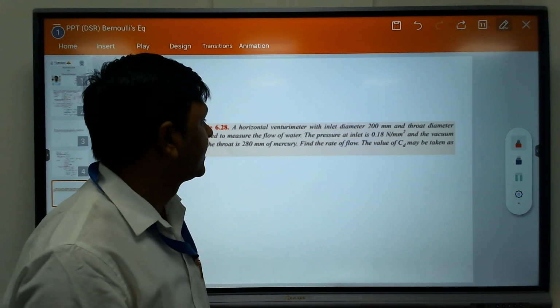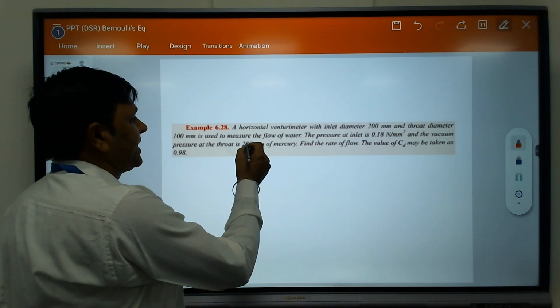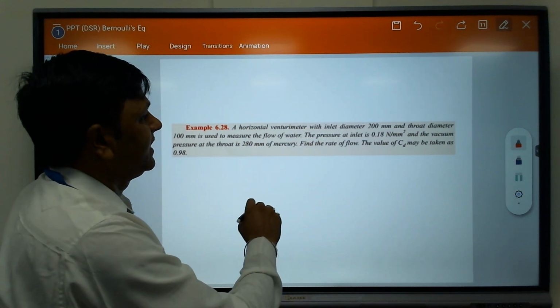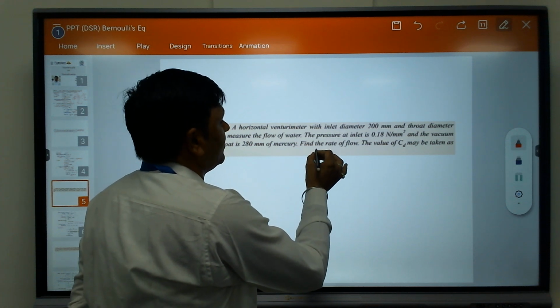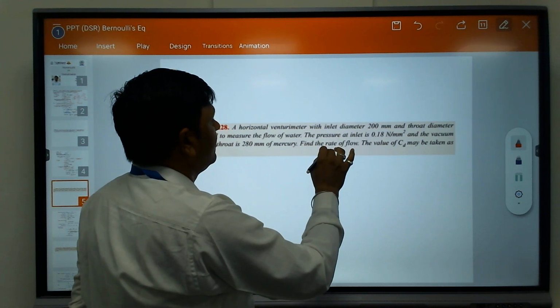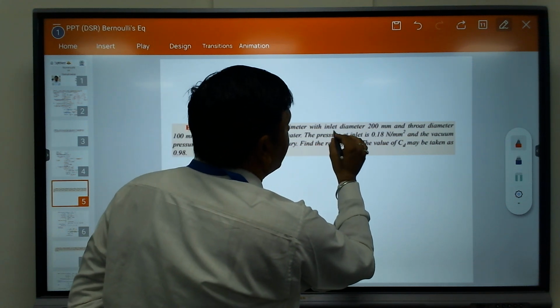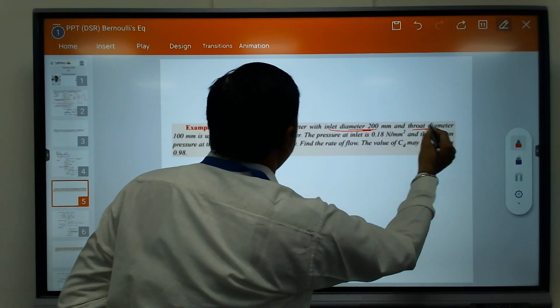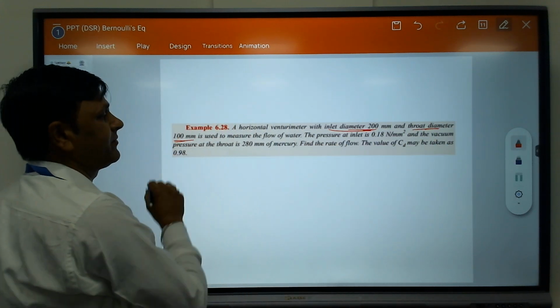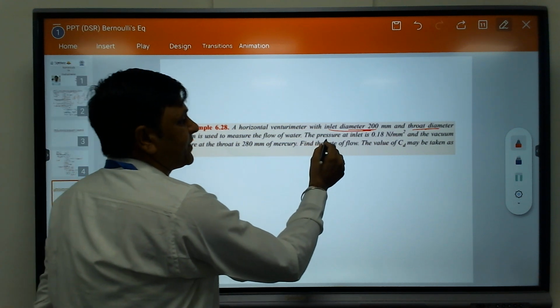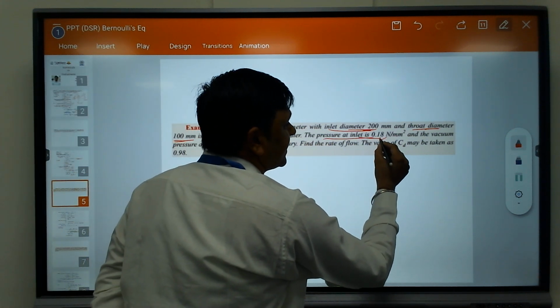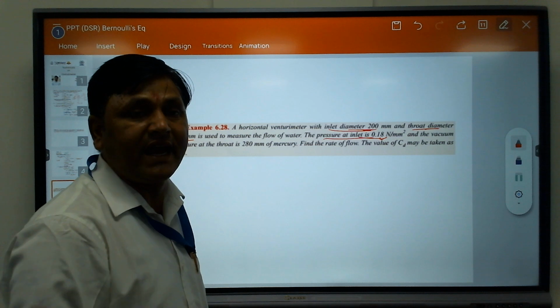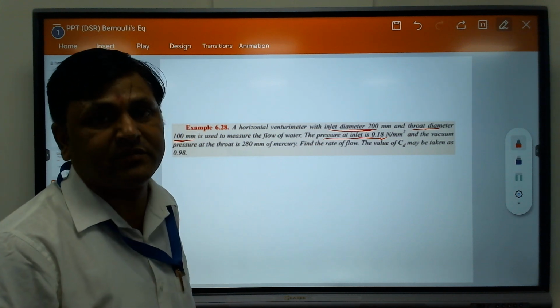In this numerical, the given values are: inlet diameter 200 mm, throat diameter 100 mm, and the pressure at the inlet 0.18 Newton per mm square.